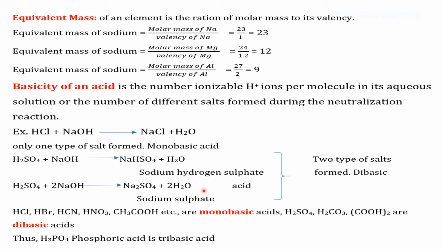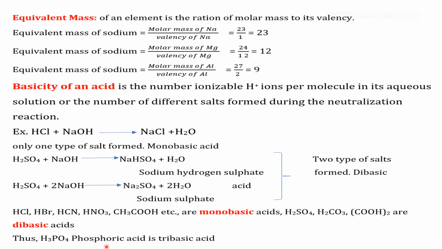Since two types of salts are formed with the same alkali, this acid is referred to as a dibasic acid. Thus, HCl, HBr, HCN, HNO3 and acetic acid are monobasic acids, and H2SO4, H2CO3 and COOH taken twice, that is oxalic acid, are dibasic acids.